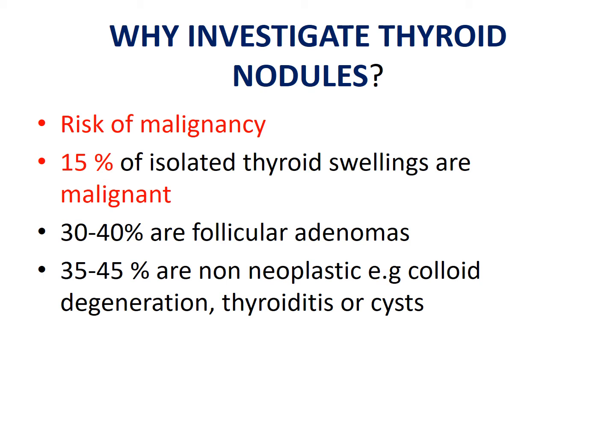The statistical data show that 15% of the thyroid swellings are malignant, right? So it is a high number. About 30 to 40% may present as follicular adenomas, whereas 35 to 45% are non-neoplastic, for example colloid degenerative cysts, thyroiditis, or many other forms of cysts.